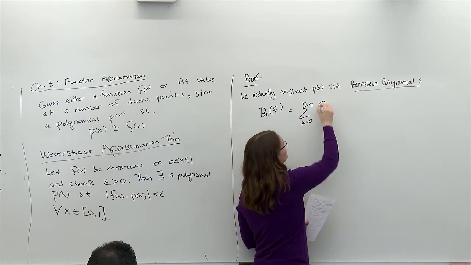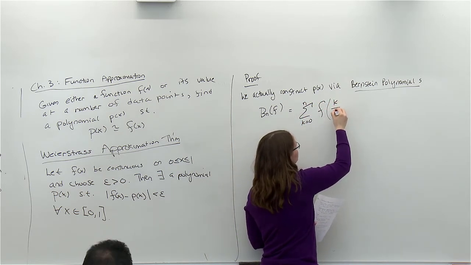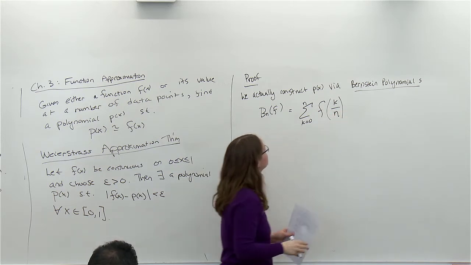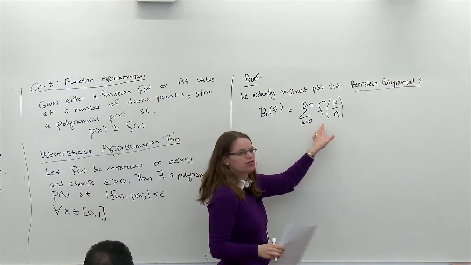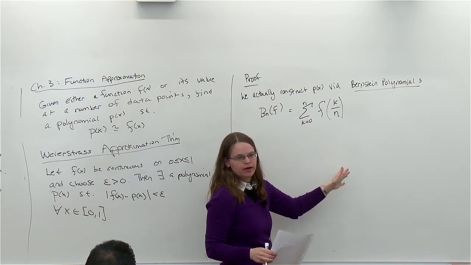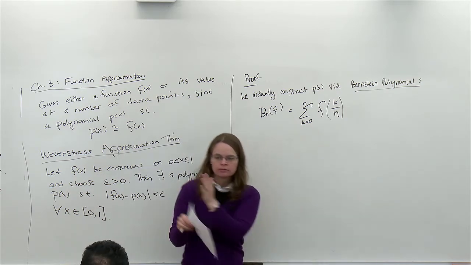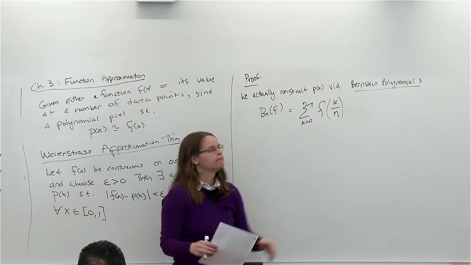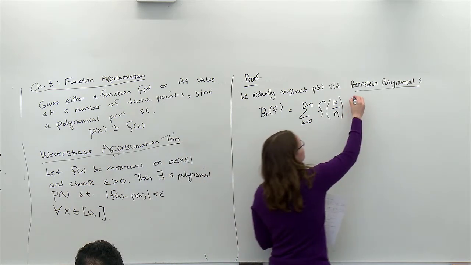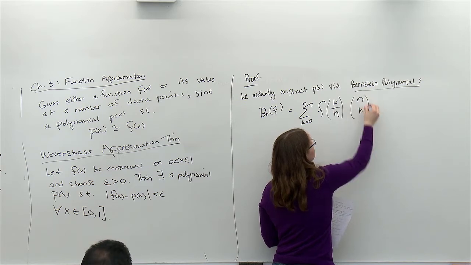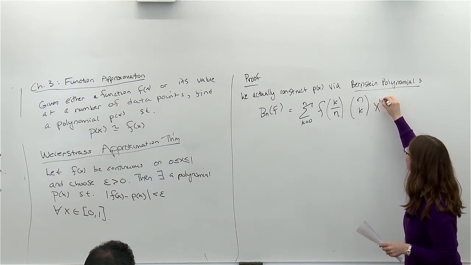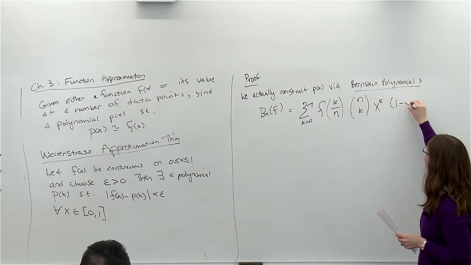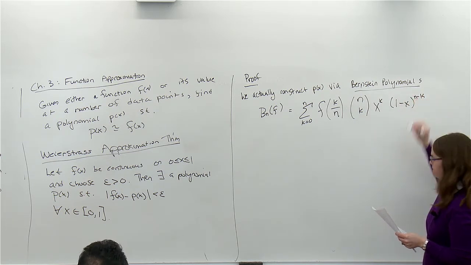So here are the values of f that we're going to include: the value of f at 0, 1 over n, 2 over n, 3 over n, and so on. So sampling equally, times this binomial coefficient, x^k, and then (1 minus x)^(n minus k).